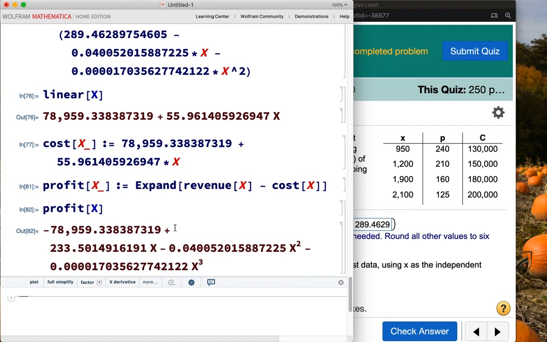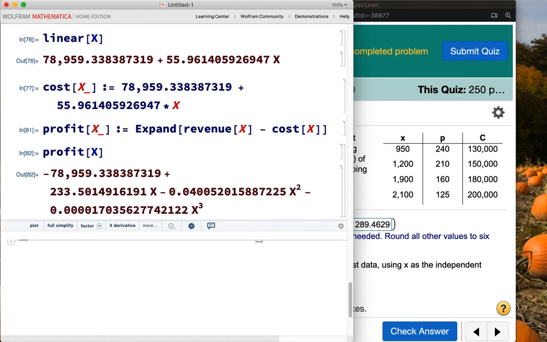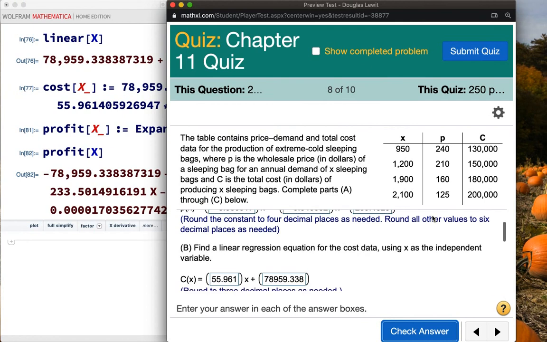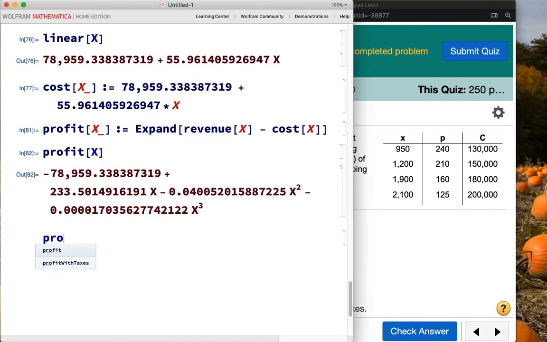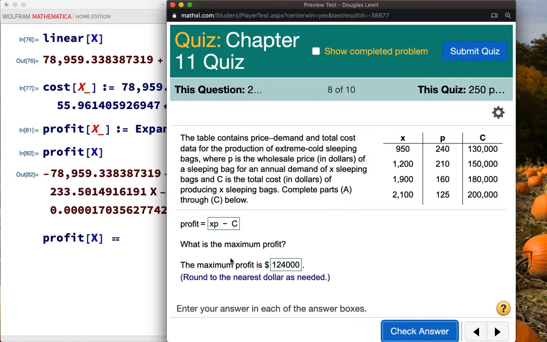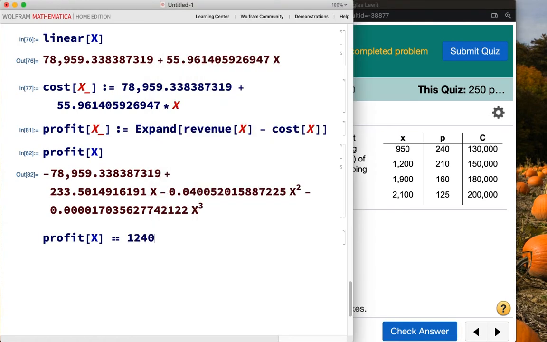So that should be the profit function. If I have a profit of, what was my profit? $124,000. Profit of x is equal to $124,000. Solve, and I'm looking for the variable x. My answer has to be a real number rather than a complex number.